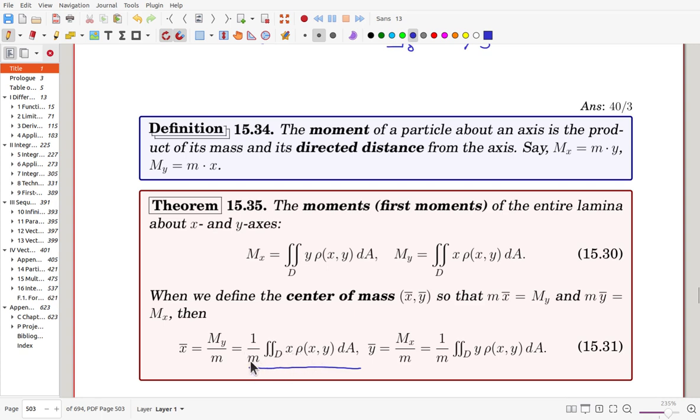The total density integration is the mass, so it is a kind of averaging along with the density. So it's the x average over density, and y bar is the y average over density, right? You just have to understand this too, okay?